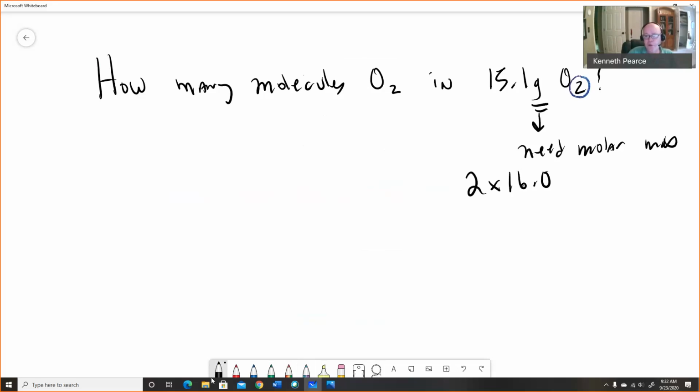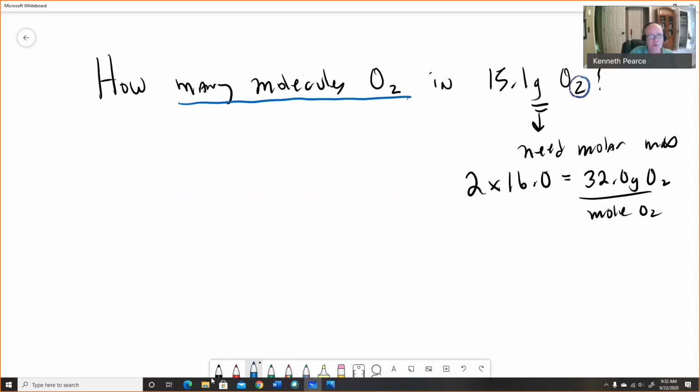And the 16.0 comes from the periodic table, of course. 32.0 grams O2 for every mole O2. Now, looking through the problem, I see how many molecules O2, so I know I'm going to need 6.02 times 10 to the 23rd molecules O2 for every mole O2.